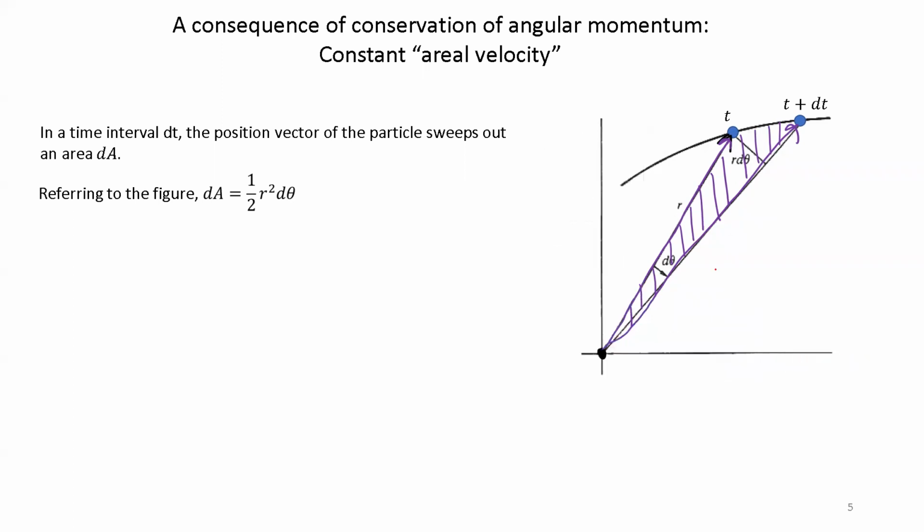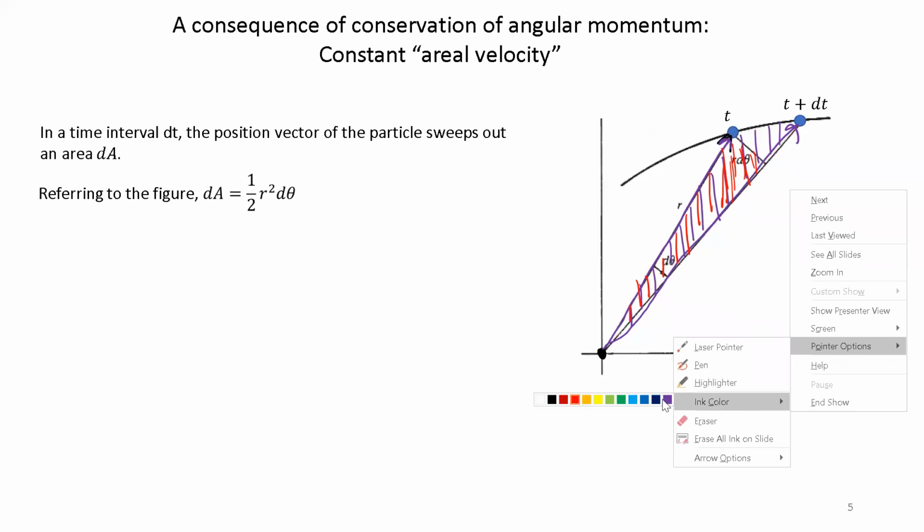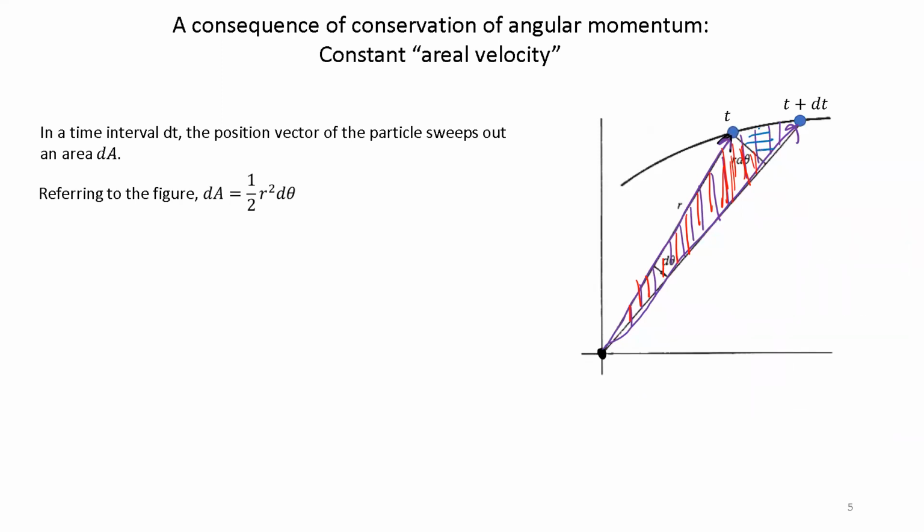Let me just focus on this part, and this part I will ignore. This red part is a very, very narrow triangle, and you could see that this is 1/2 times this width r d theta, times r.